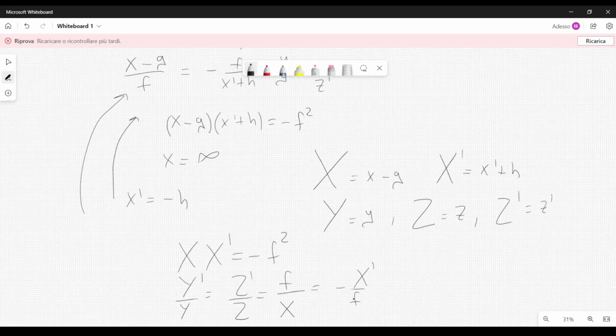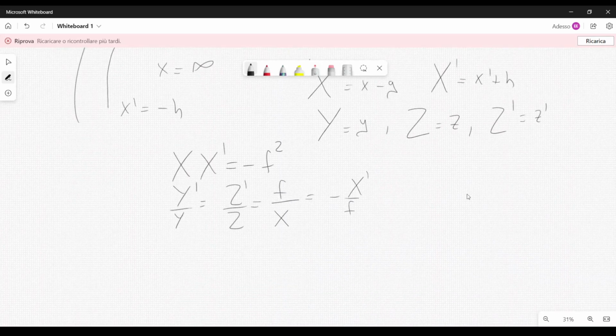The quantity f is called the principal focal length of the system. The ratio y prime over y is called the lateral magnification. As for the longitudinal magnification, since the coordinates are not simply proportional to each other, it must be written in differential form, comparing the length of an element of the object along the direction of the axis with the length of the corresponding element in the image.